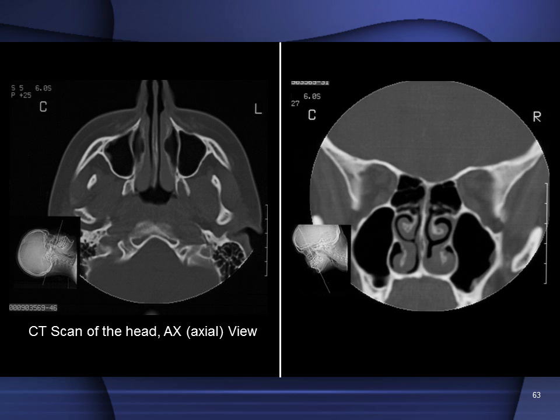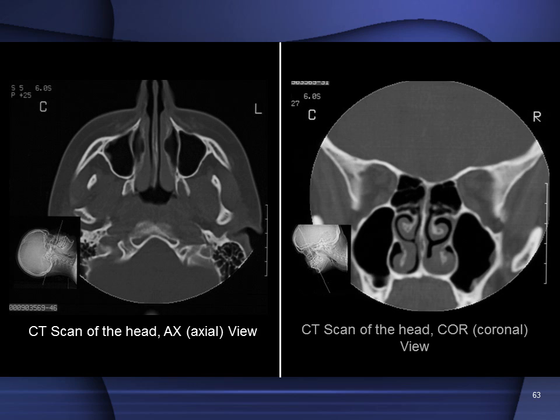This is anterior and posterior, left and right. So we have the nasal septum, nasal concha, maxillary sinuses, and the nasopharynx, mastoid air cells.